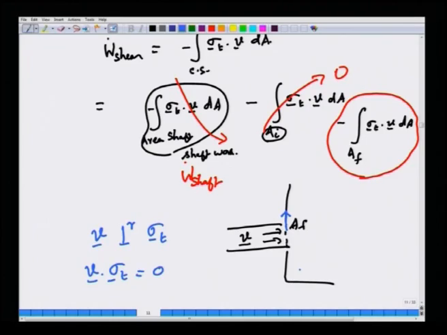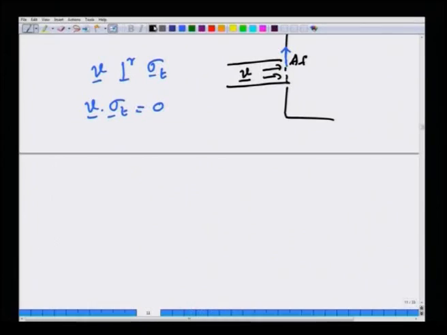By carefully choosing the control surface, you can have the tangential stress on the inlets and exits be 0. So, the tangential component of the stress sigma t is acting perpendicular to the velocity. The stress is acting like this, velocity is perpendicular. So, the dot product of these two vectors is 0.